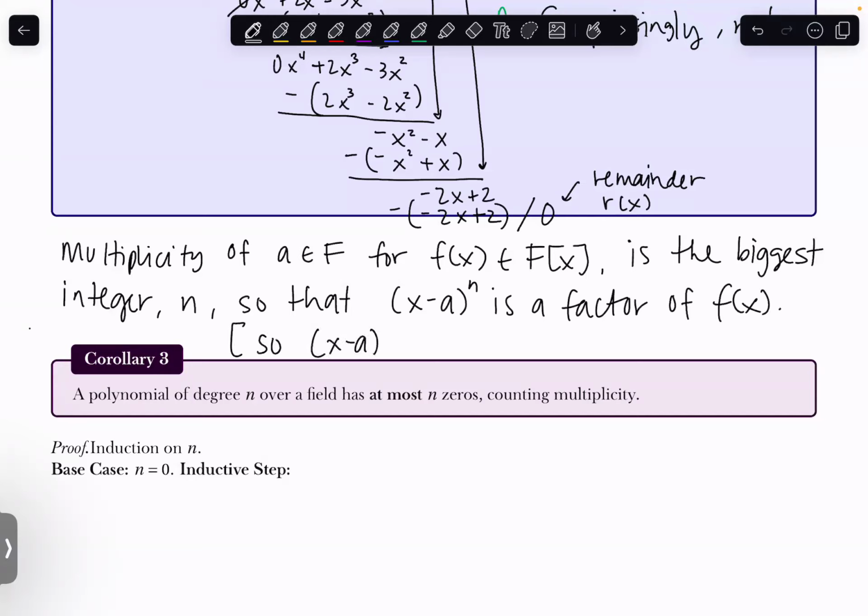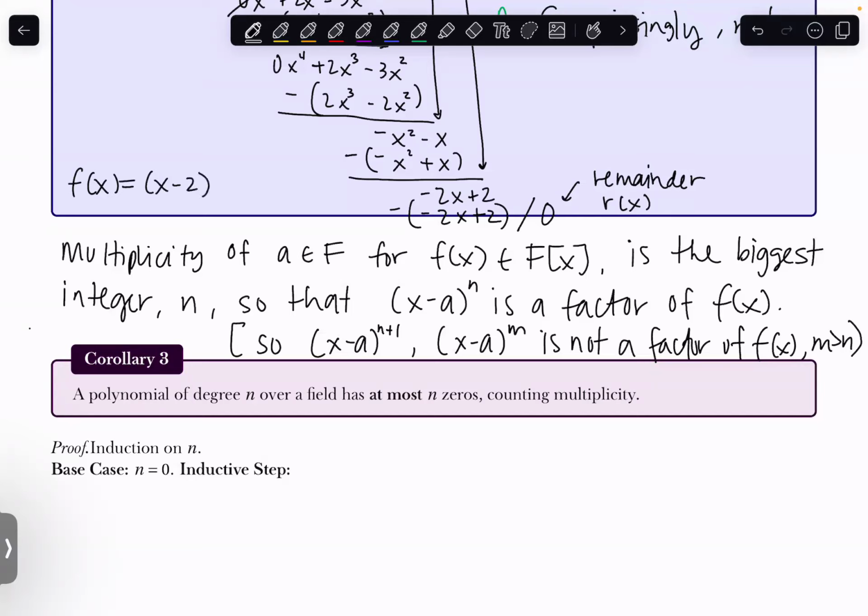So x minus a to the n plus 1 is not a factor. Okay. So if I already write it out in my factored form, I can write something like this.